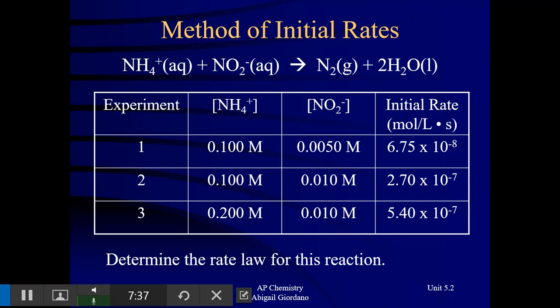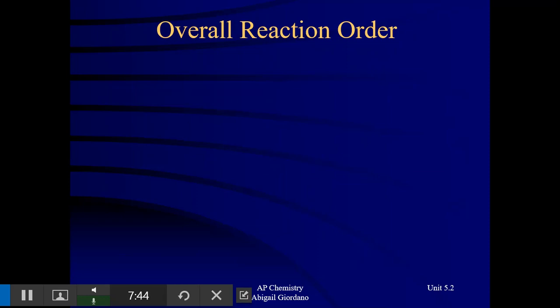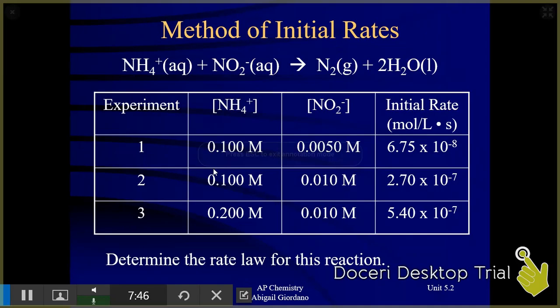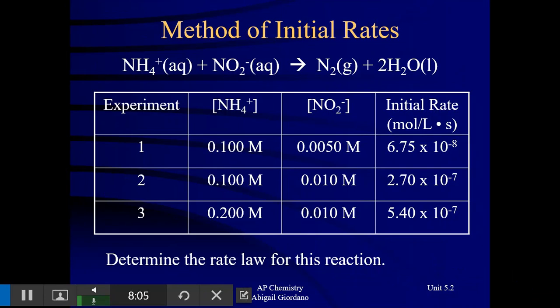I'm going to find 2 experiments where ammonium is changing, but nitrite is remaining constant. And that looks to me like I should be comparing experiment 2 and 3. And what I'm going to do is write out the rate law using data from experiments 2 and 3. Okay, so let me go back to that previous page where I was.